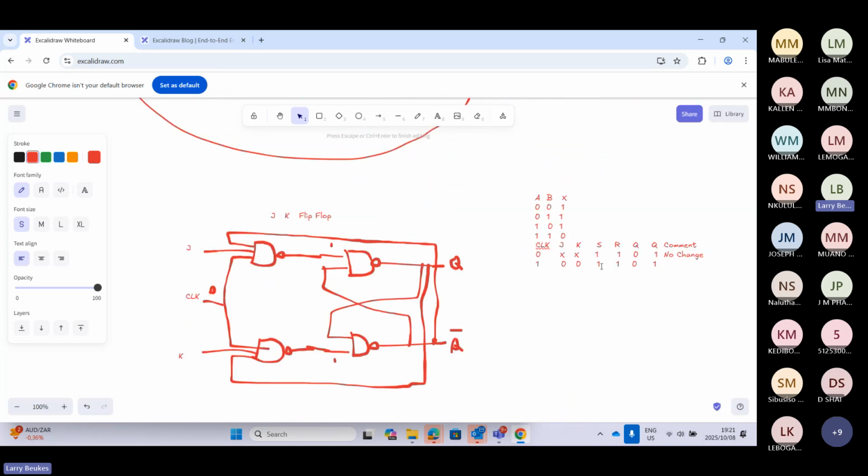This must change first for something to happen. No change. Now let's see if we have J1, K0, the S becomes 0, the R becomes 1.